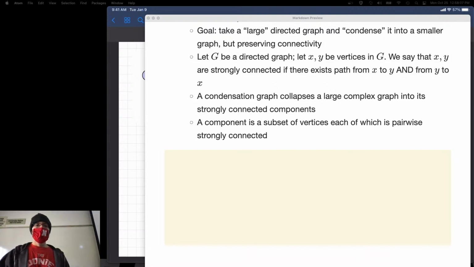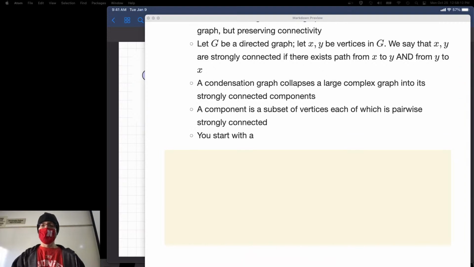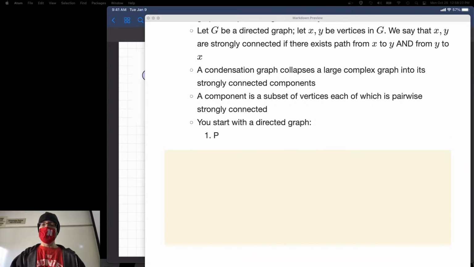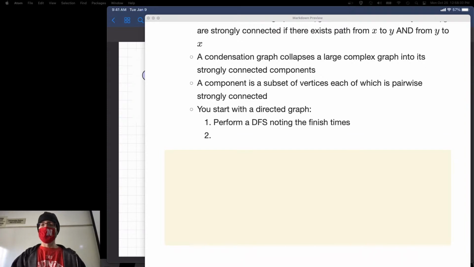Okay? So here is the algorithm. You start with a directed graph. One, I don't know how this is going to come out, perform a DFS noting the finish times. Two, you compute the transpose graph. In other words, you simply reverse the edge orientation.